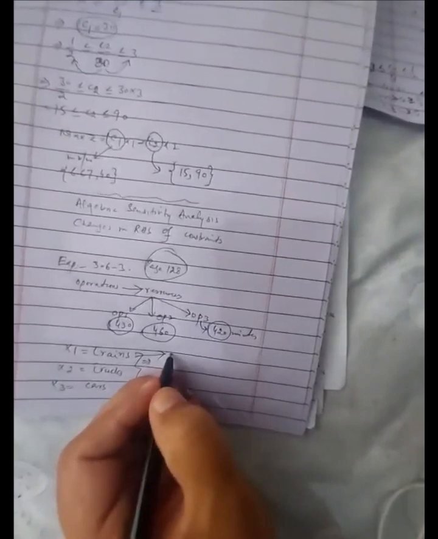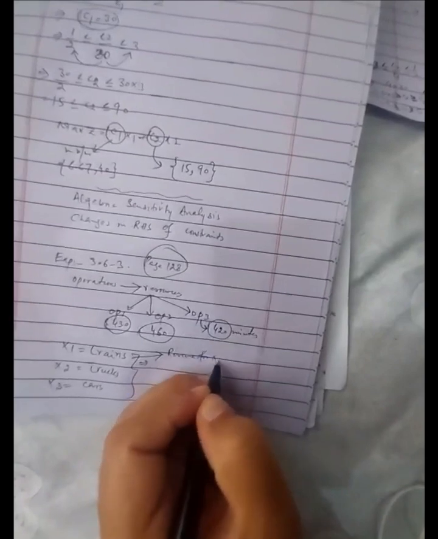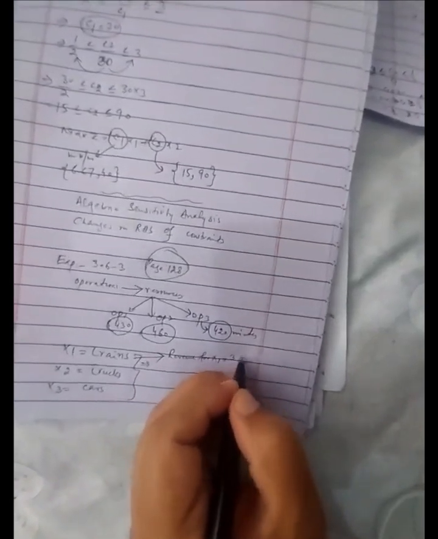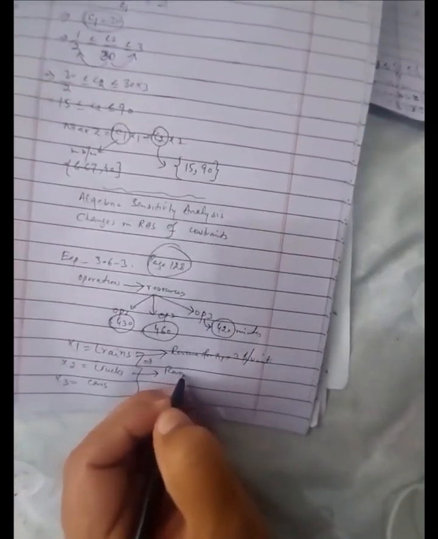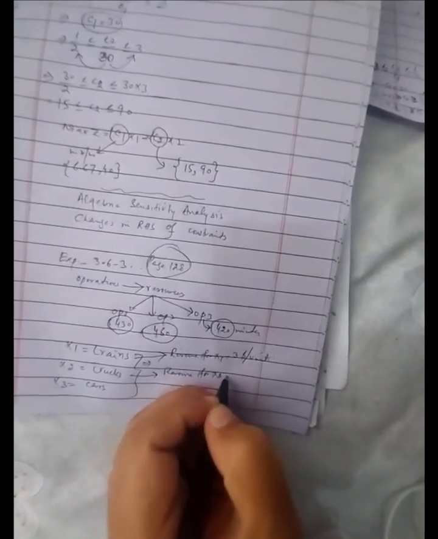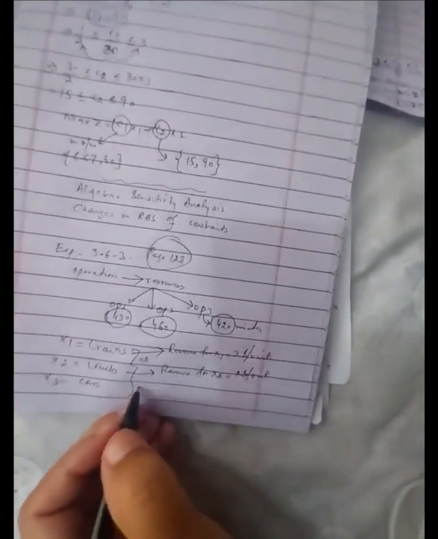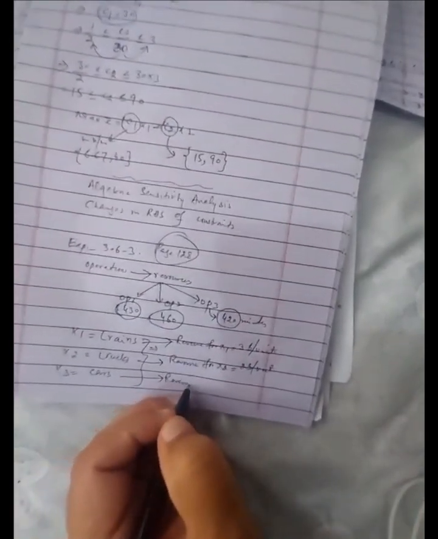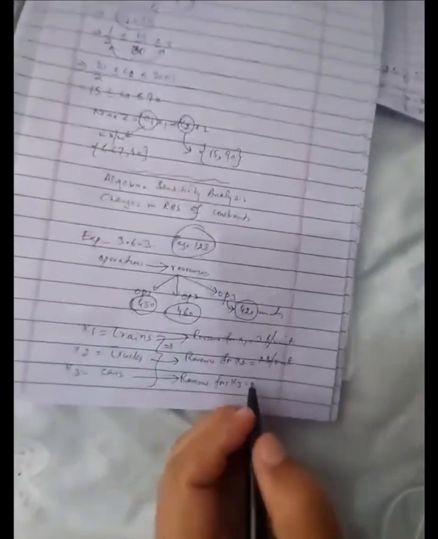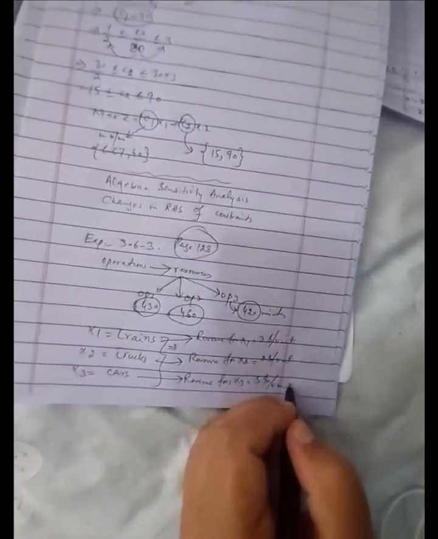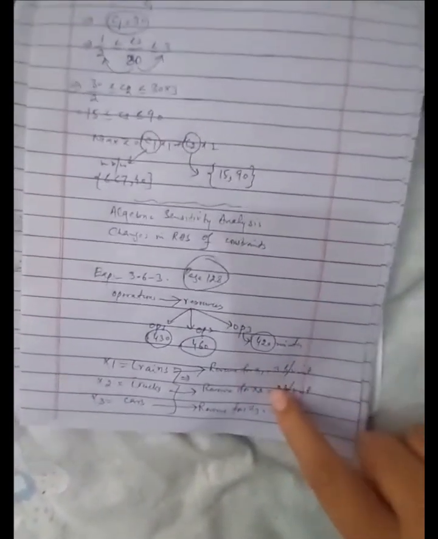So the revenue for x1 is $3 per unit, the revenue for x2 is $2 per unit, and the revenue for x3, or cars, is $5 per unit. So these are the revenues which are given.